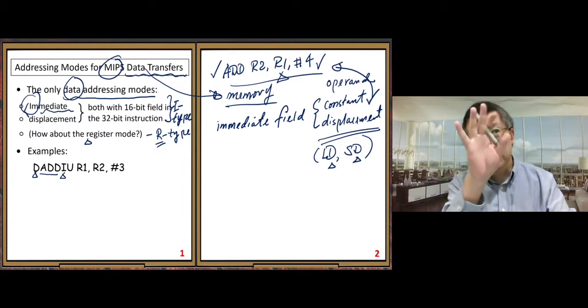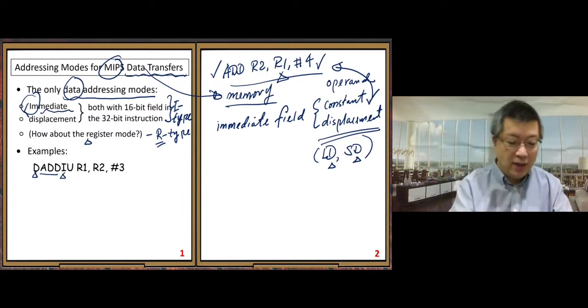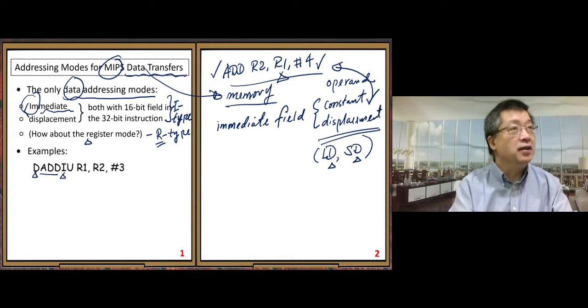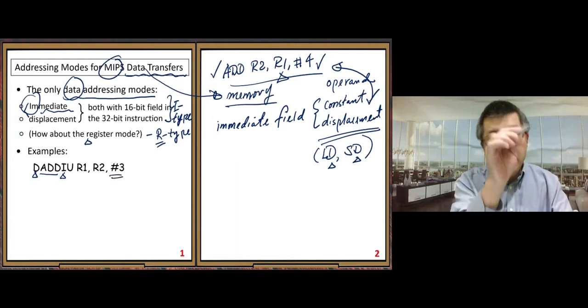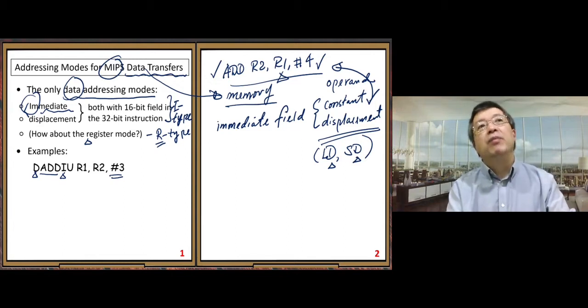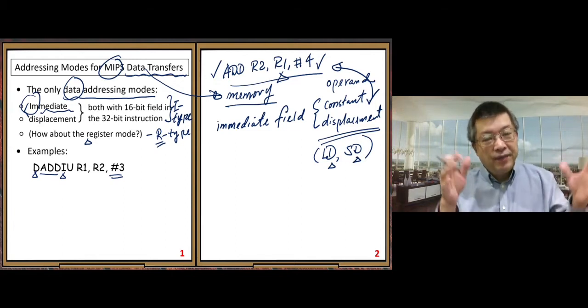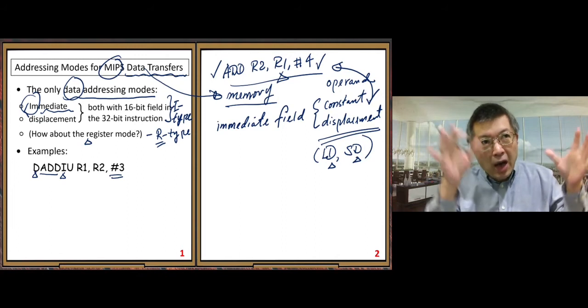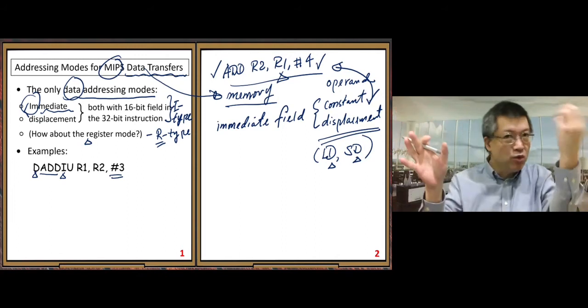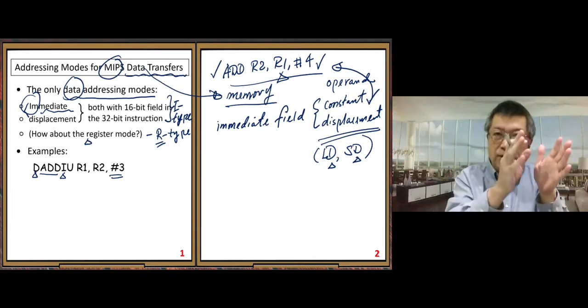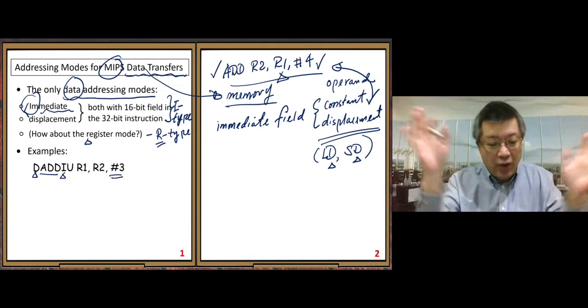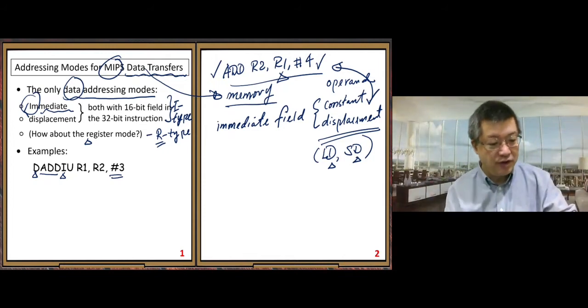U is unsigned. This operand, this number, uses unsigned representation so that we can represent a larger range, since we do not need one bit for the sign bit. So that's the first example.